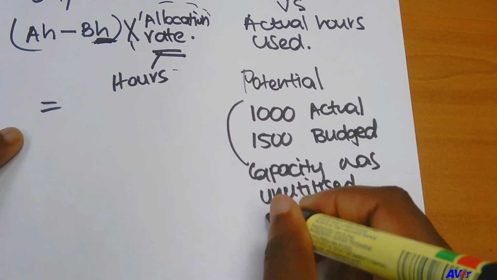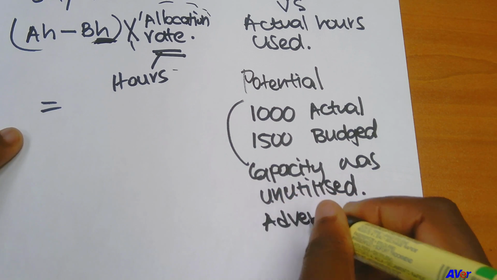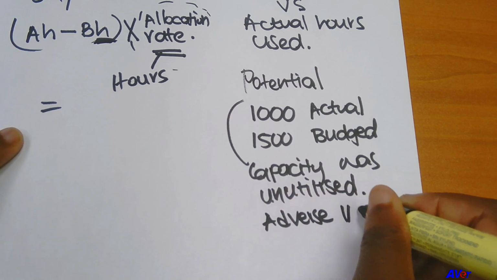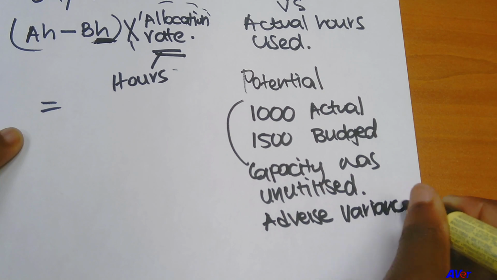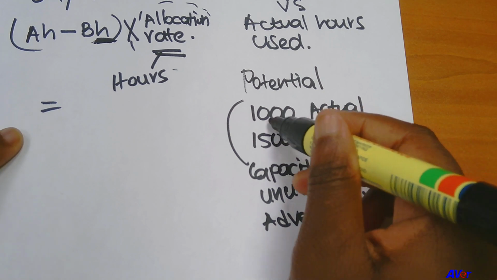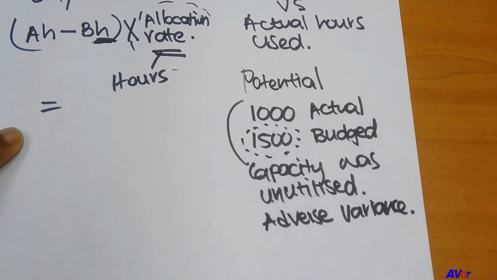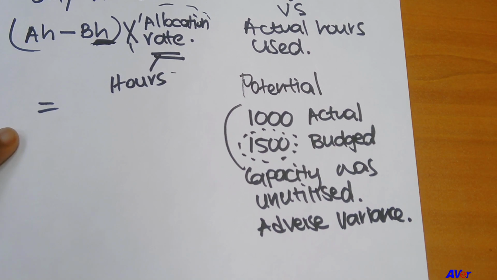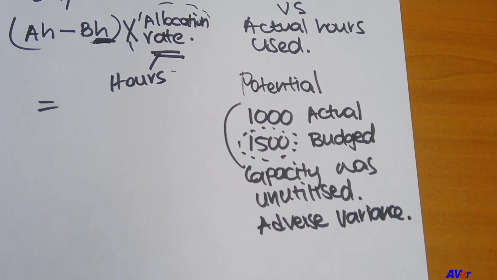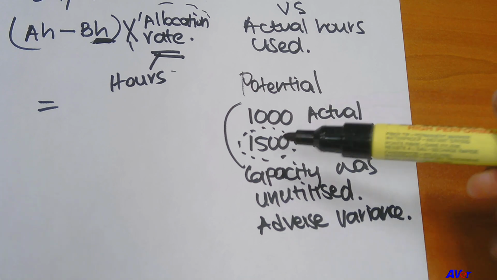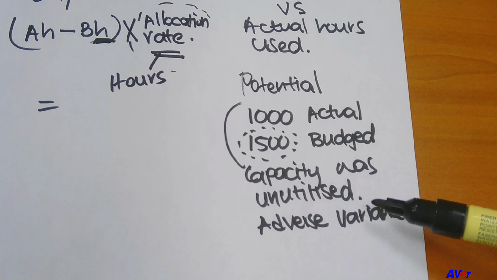Therefore, it's an adverse variance. I didn't use the amount of time I had budgeted to use. I underused the capacity that I have. I didn't use my potential to the fullest, and therefore it's an adverse variance.